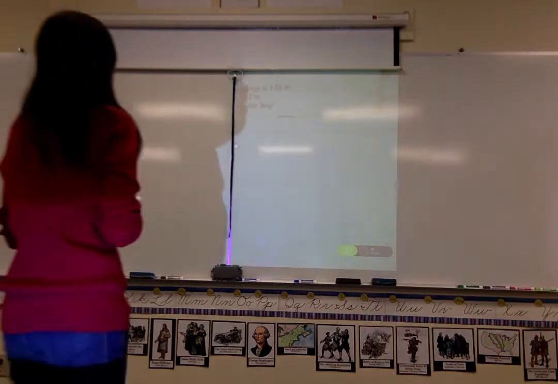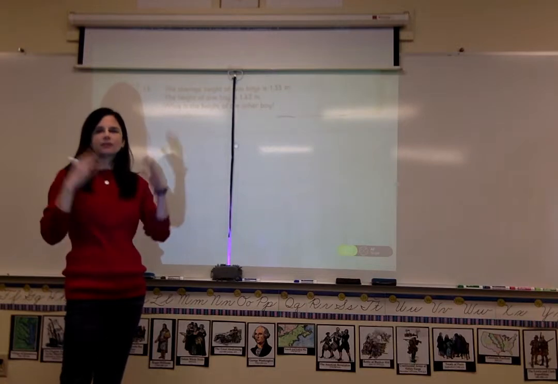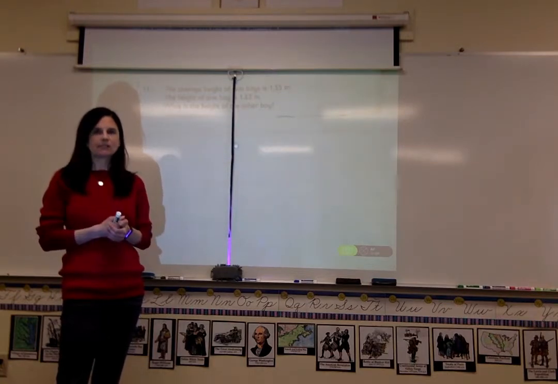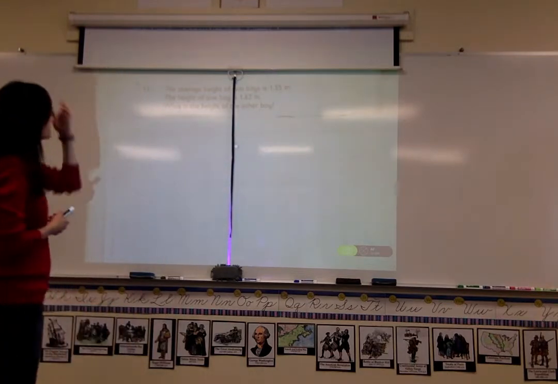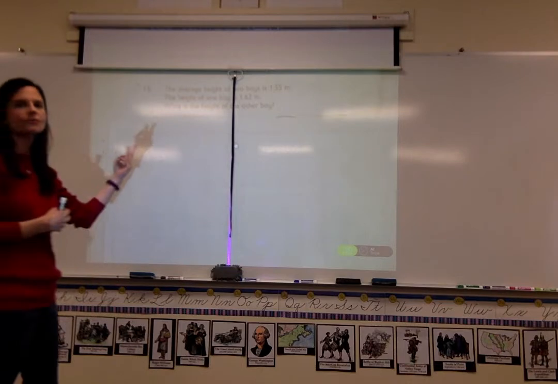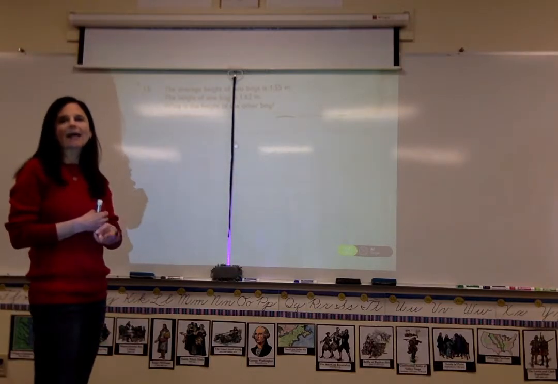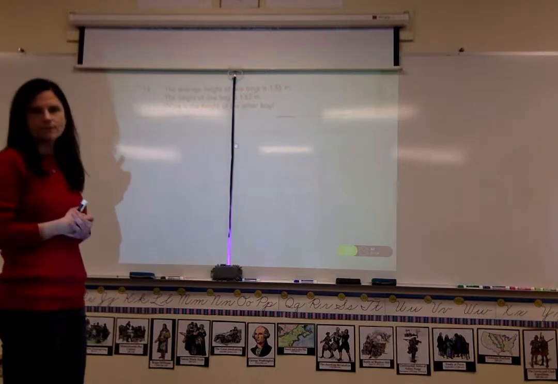Okay, so it's best really to draw a model here so that we can get a visual picture of what it is that we need to calculate. So let's take a look at what we're being given here. We're being given the average height of two boys, and we're being given the height of one boy, and we're being asked to find the height of another.